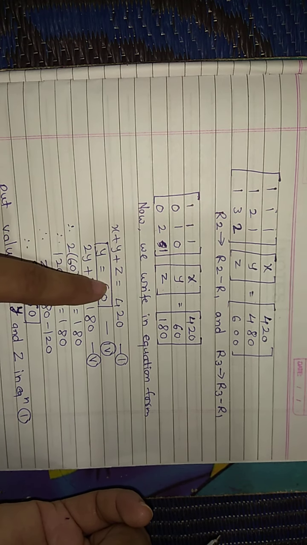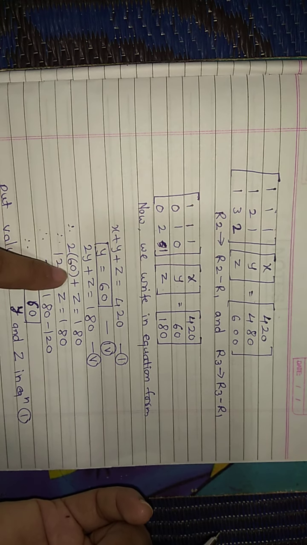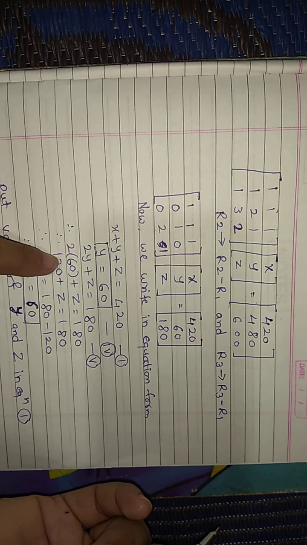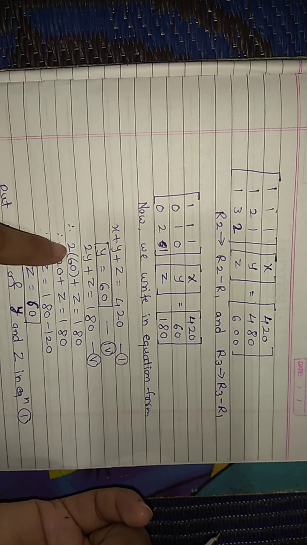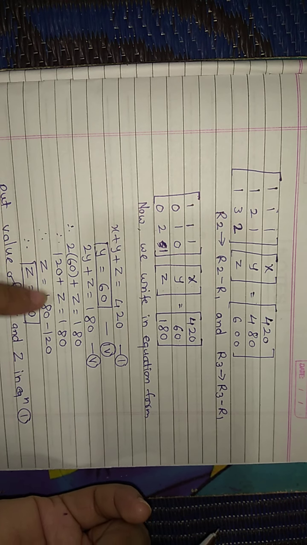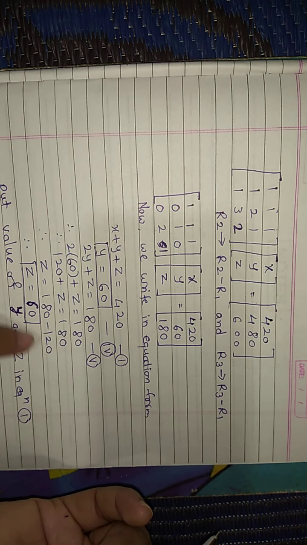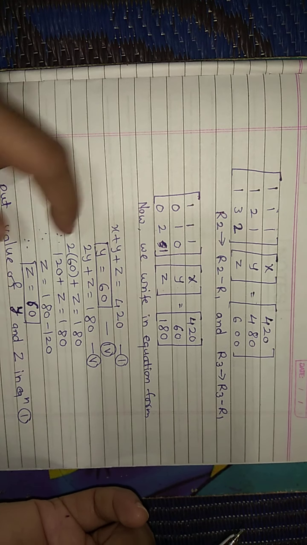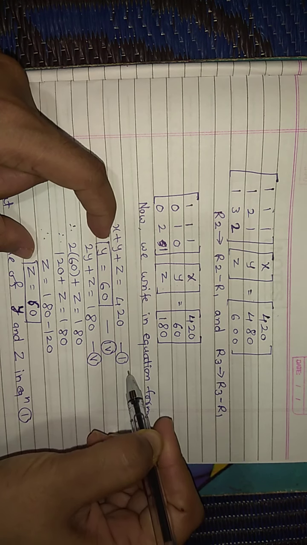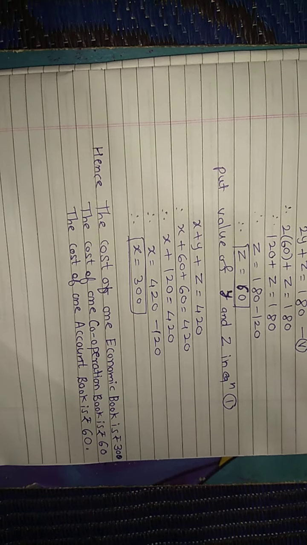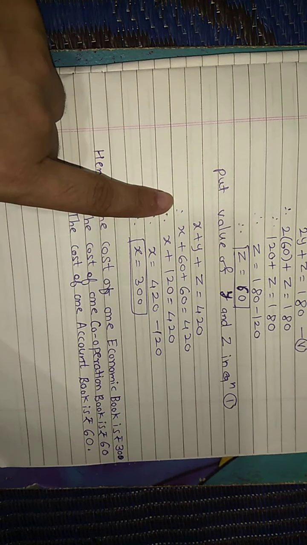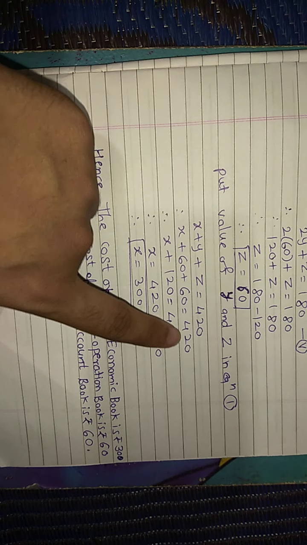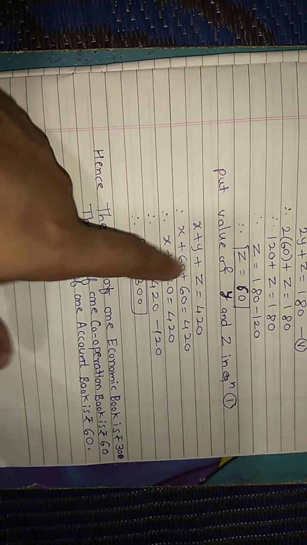So Y is equal to 60, we put in equation 5. So 60 into 2 is 120, so 120 plus Z is equal to 180. 120 convert to this side. So Z is equal to 180 minus 120. Z is equal to 60. Value of Y and Z we put in equation 1. So X plus Y plus Z is equal to 420, X plus 60 plus 60 is equal to 420, X plus 120 is equal to 420. 120 convert to this side.